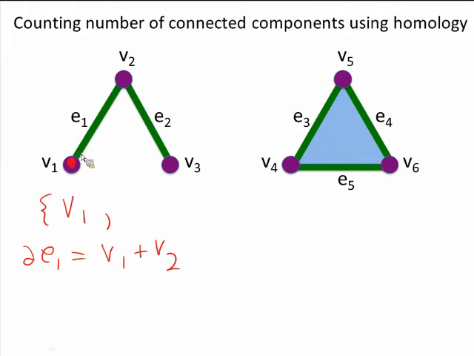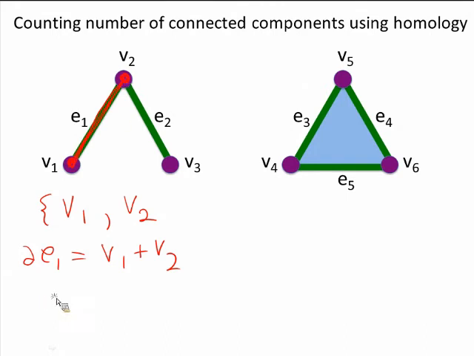Well, that means E1 connects V1 to V2. So if the boundary of E1 is V1 plus V2, I can throw V2 into my cluster because it's connected. It is in the same component. I can see that via the edge E1.